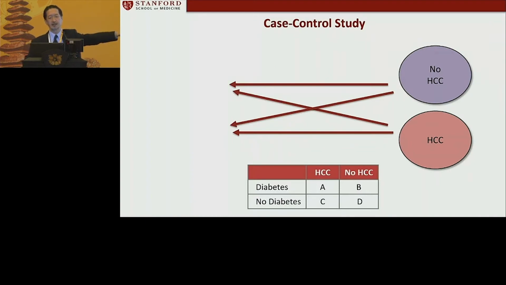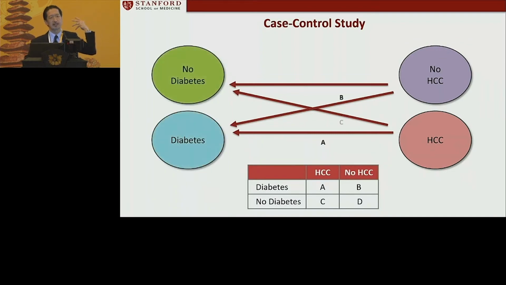And then you determine who has diabetes and who doesn't have diabetes. So this is a sort of retrospective identification of the exposure history. But once you have done the study, you come up with the same 2x2 table, A, B, C, and D, in this fashion.